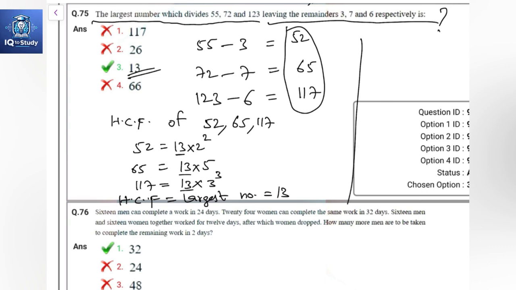Here the highest common factor can also be found using LCM.